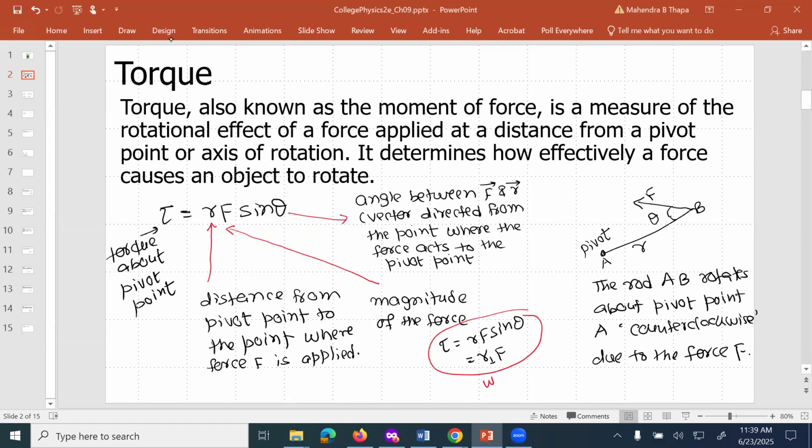In this case, R perpendicular represents R sine theta. So clearly you can see the unit of torque is a Newton meter. Okay.